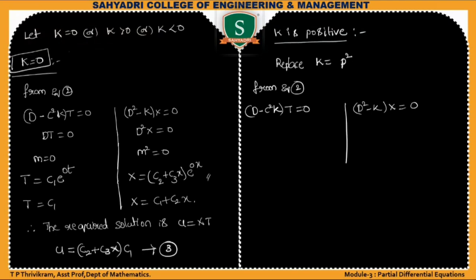Now replace k with p square. So that means (D² - c²p²) t is equal to 0. Here d square minus p square into x equal to 0.